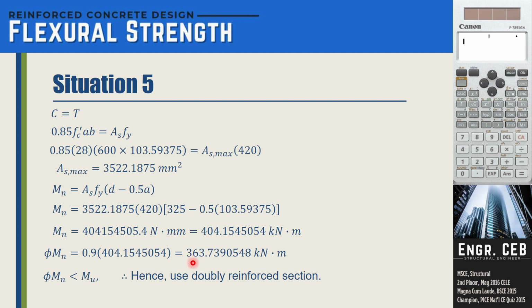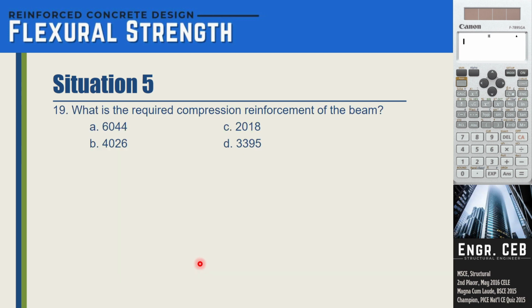The excess moment will be carried by the compression reinforcement. So what is lacking from 540 is what the compression reinforcement will carry. So what is the required compression reinforcement of the beam? We can now solve this. Mn1 is the moment capacity that we computed for the singly reinforced section, and Mn2 is the moment capacity that will be resisted by our compression reinforcement.